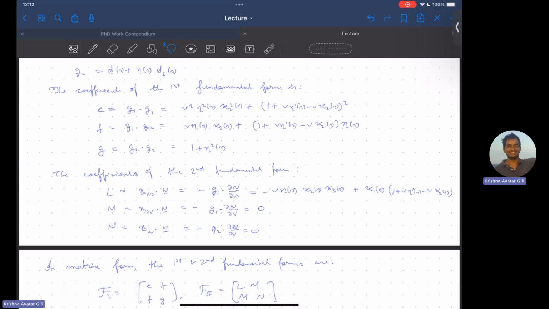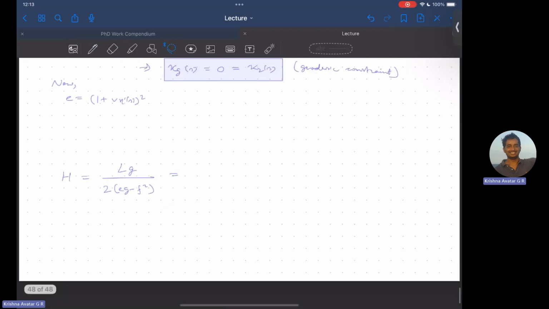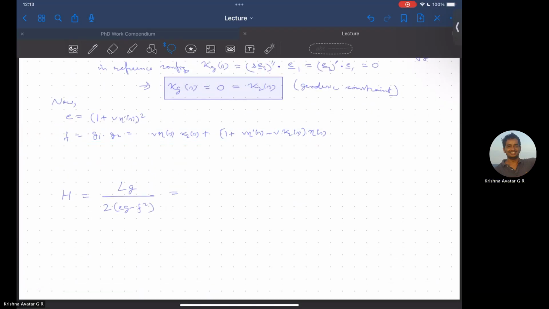Now F again, it's just this part; this also goes away.